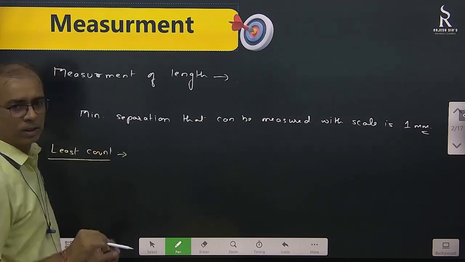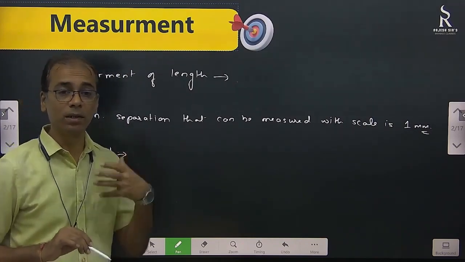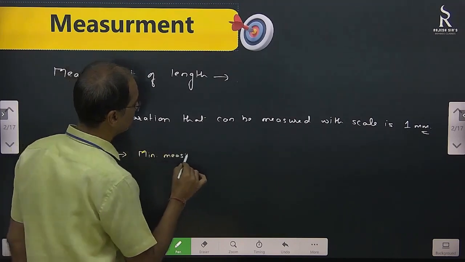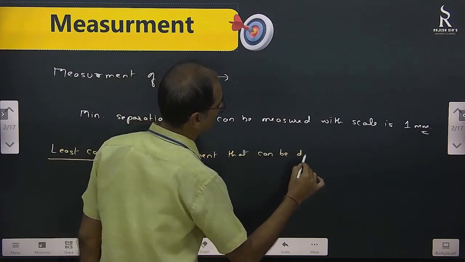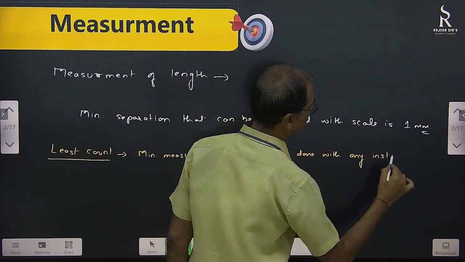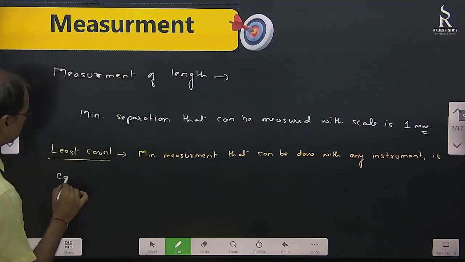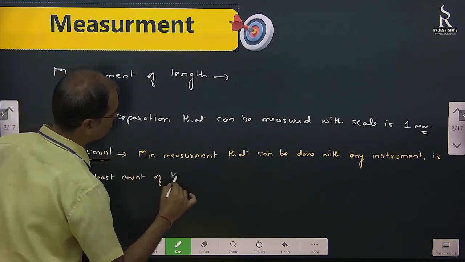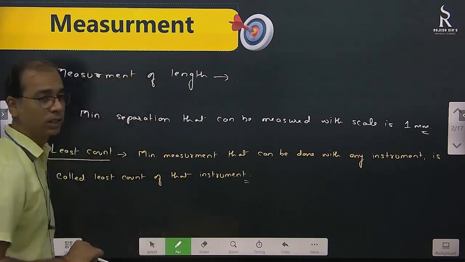That means the minimum separation between two graduations, or the minimum measurement that we can do with that particular instrument, is called the least count of that instrument. So for a scale, what is the least count? 1 mm.